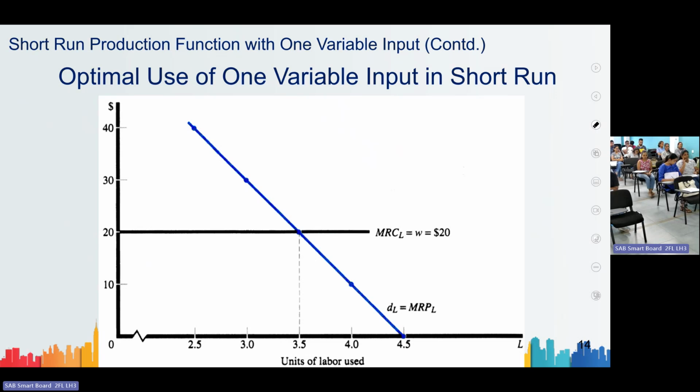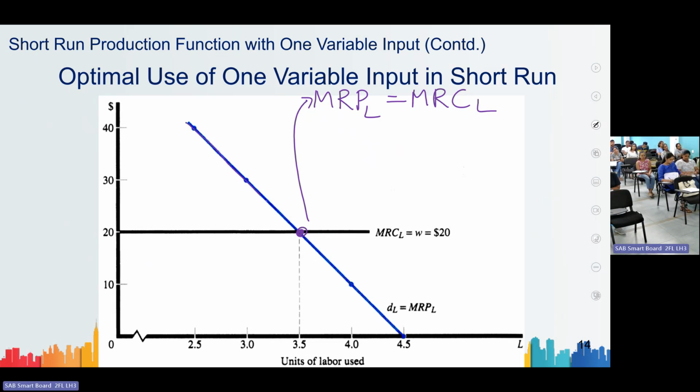So at the optimum level of labor, marginal revenue product of labor should be equal to marginal resource cost of labor. That is where this intersecting point occurs. Before this intersecting point, where MRPL equals MRCL, what do we observe?